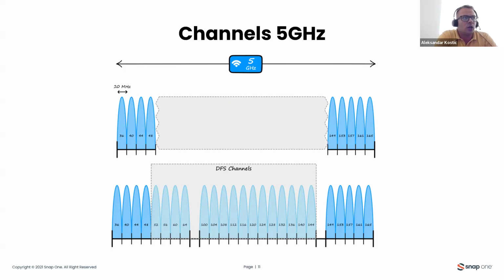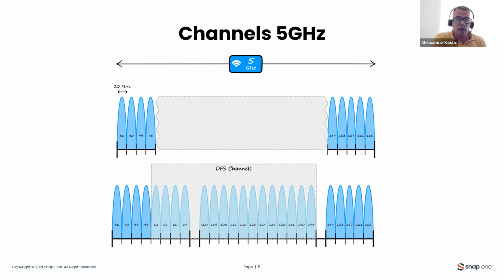So generally, if we have enough free channels on 5 GHz, we will not use DFS. But in situations where we have a quite congested environment, even on 5 GHz, we can enable DFS as an option.